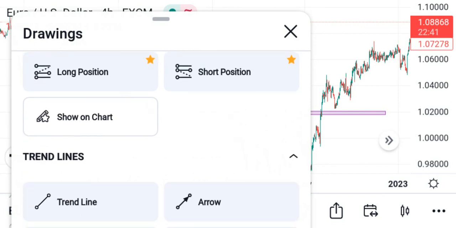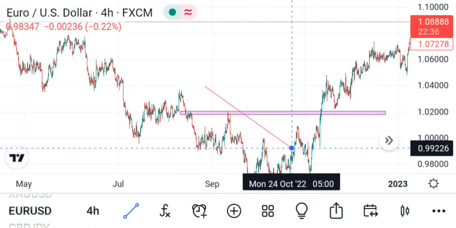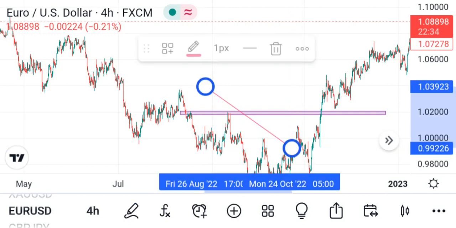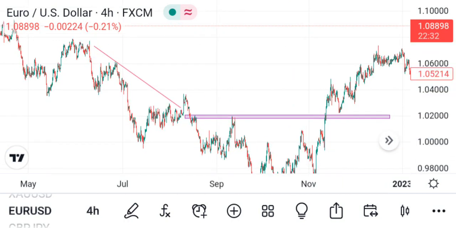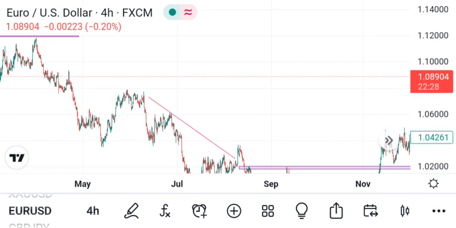Let me easily draw this trend line here, so we'll get it clearly. Should I get it from here? Okay, let's look for the first one.